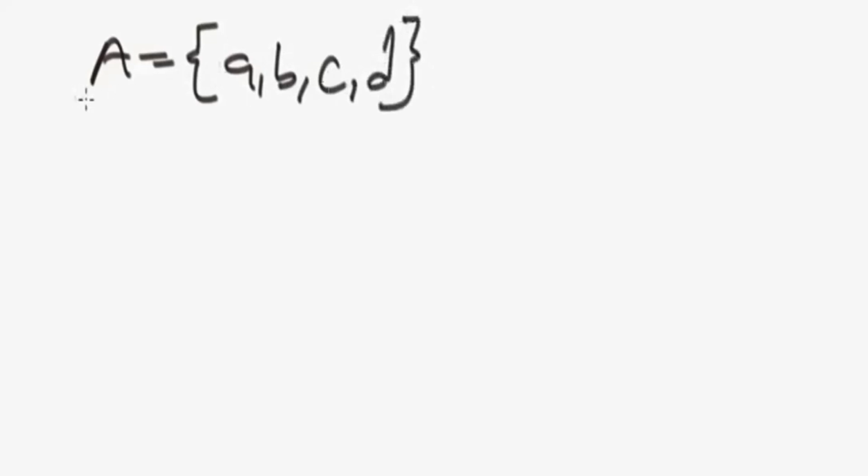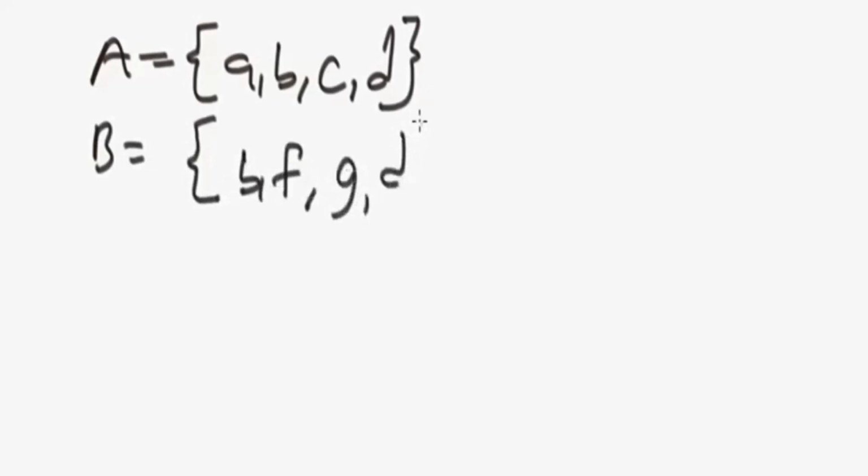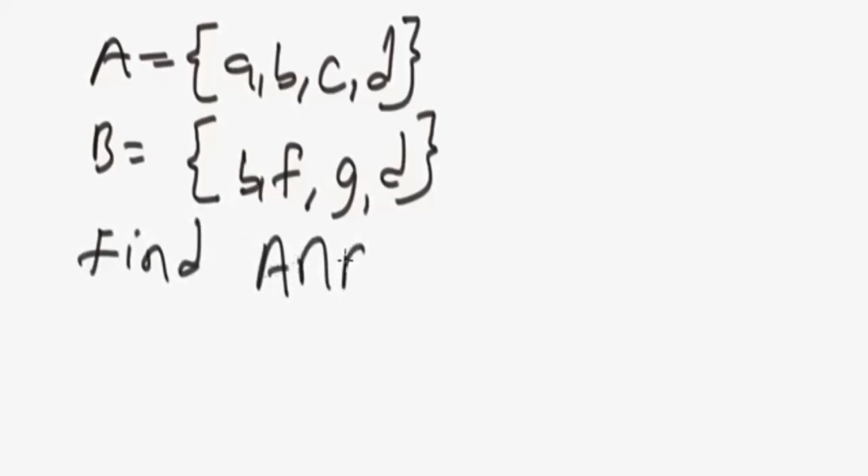We are given set A to have the elements A, B, C, and D, and set B to have the elements B, F, G, and D. We have to find A intersect B and A union B.